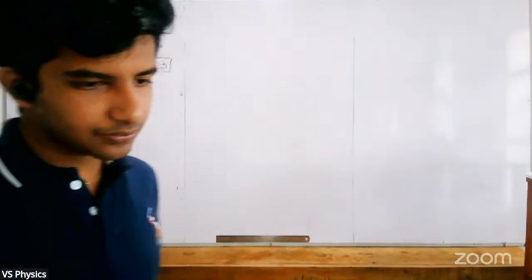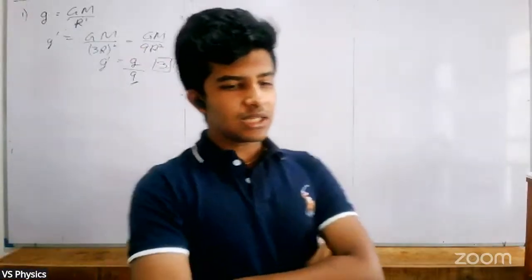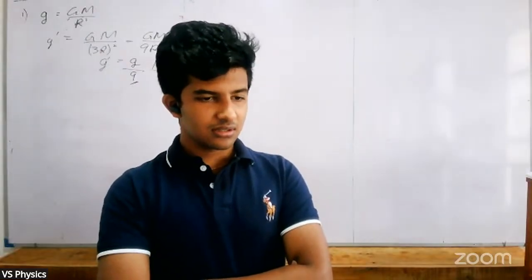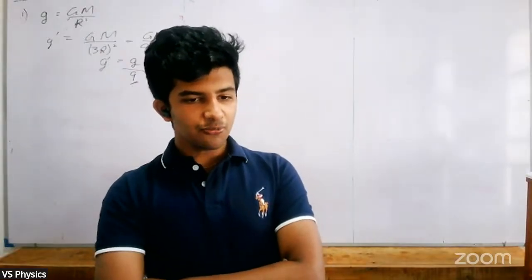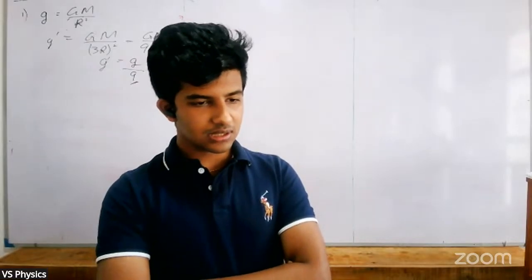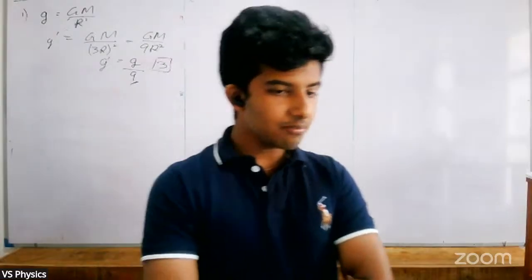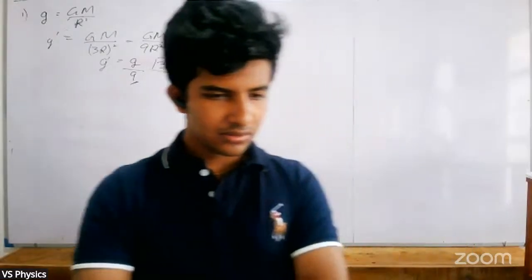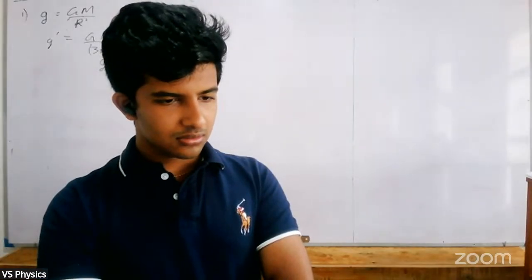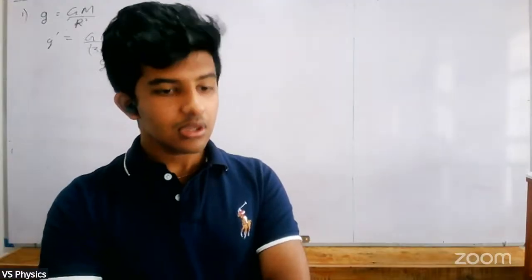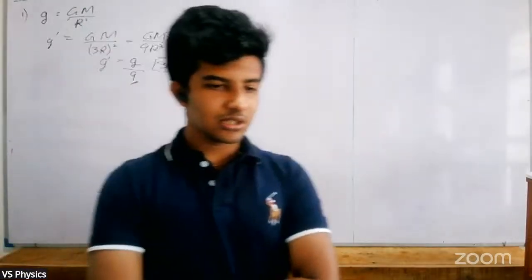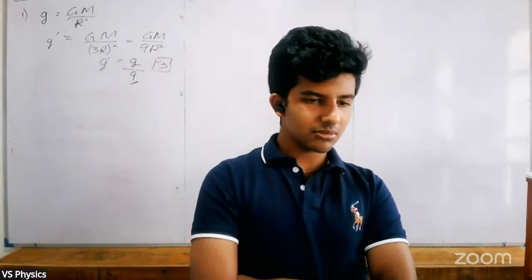Second question. The radius of a planet is r and the acceleration due to gravity on this planet is g dash. If a body of mass m is sent to a height of r divided by 4 from the planet's surface, the potential energy increment will be.